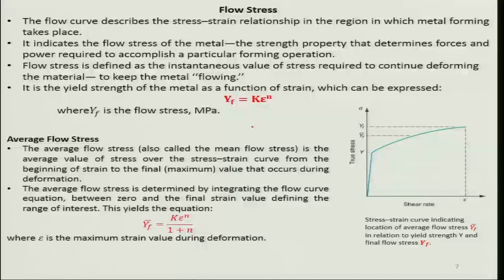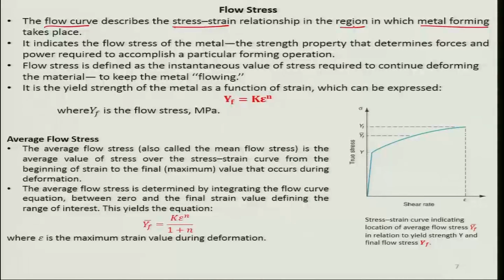The other issue about investigating the flow stress region is the flow curve, and as I mentioned earlier, the flow curve is an accurate description of the stress strain behavior in the metal forming region, the region where the metal forming really happens.